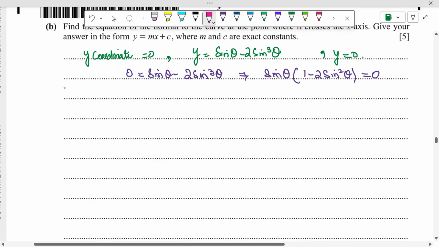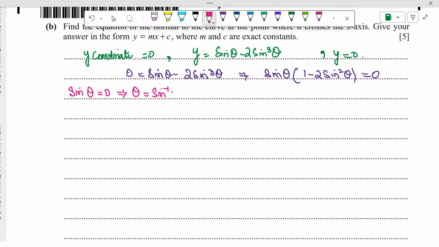We will have sine of theta equal to 0, and in this case theta is equal to sine inverse of 0, which is equal to 0 angle.